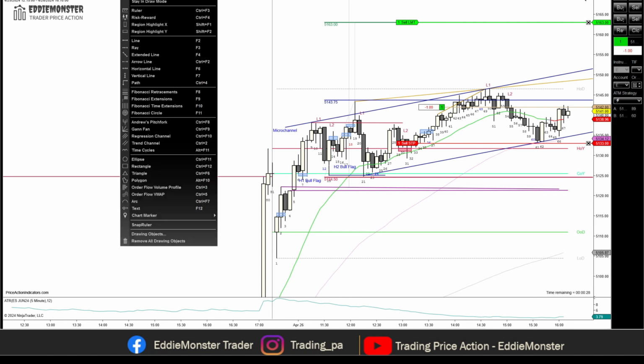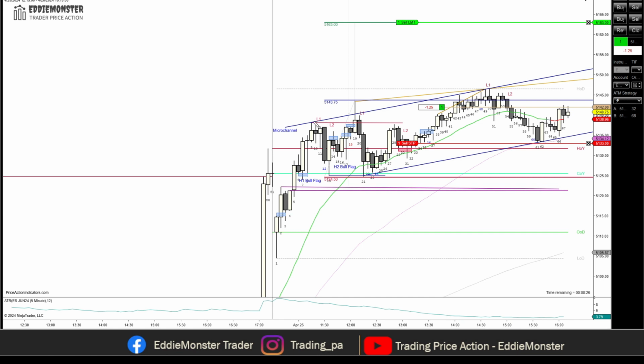This is also an expanding triangle here. Could be just another overshoot. We go there also as a channel line. So it's not a perfect channel, so we can have overshoot over these lines here.